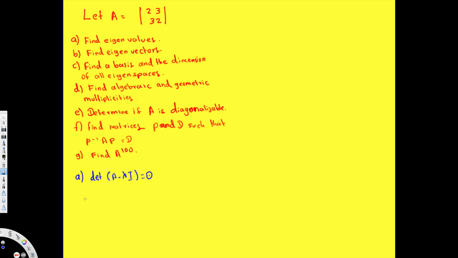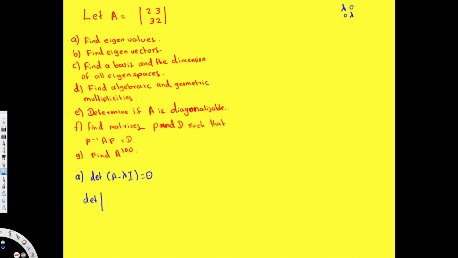Since we are taking 2 by 2, the identity is 1 0 0 1, and if you multiply by lambda, you get lambda 0 0 lambda.